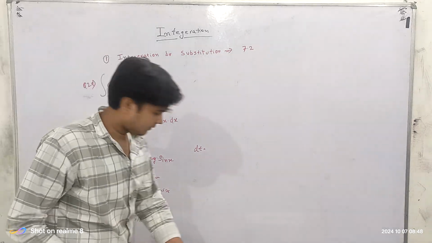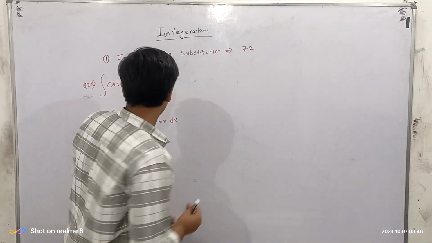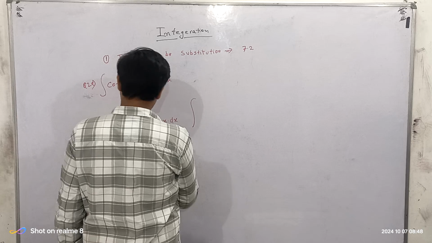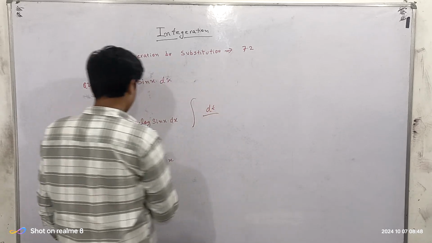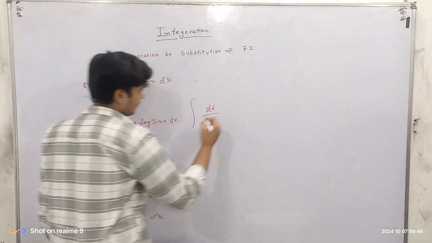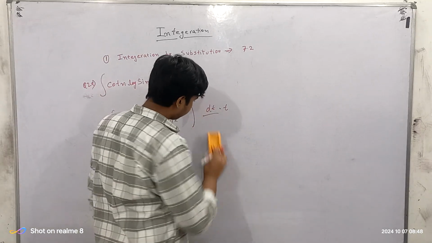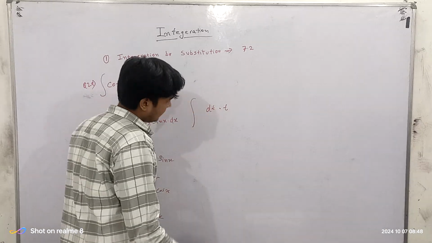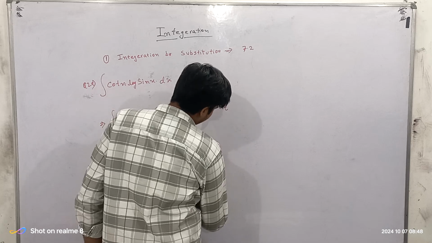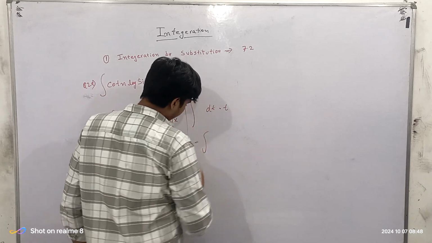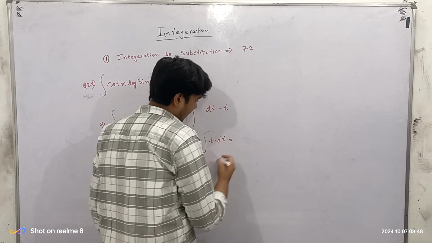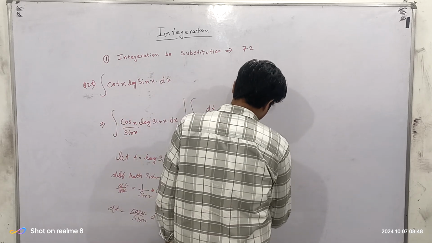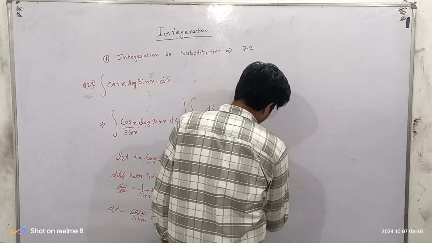So now we will solve it. Integral of cos x by sin x dx, where log sin x we have taken as t, becomes the integral of t dt. If you remember the general formula, what power will get added? t to the power 1 plus 1 by 1 plus 1, plus c.